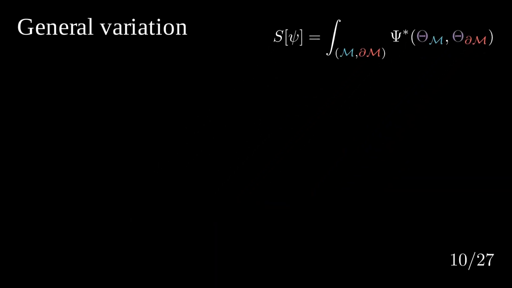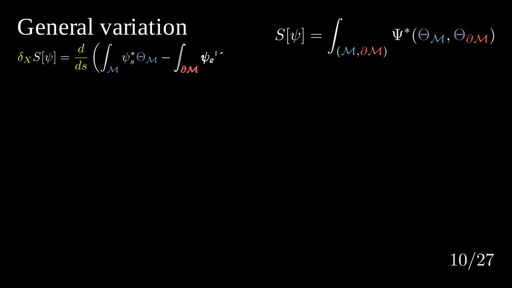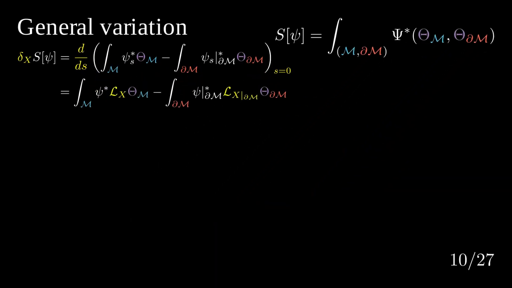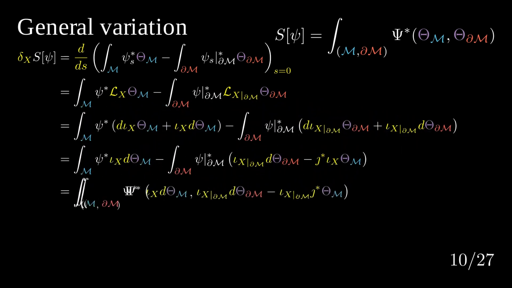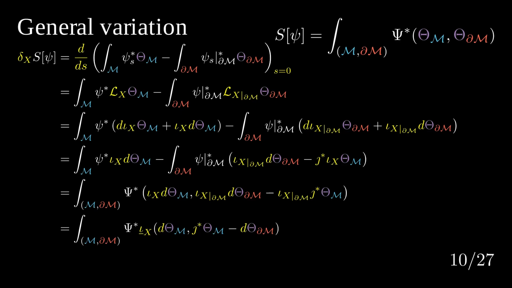In order to do this, what we are going to do is compute the variation of the action, after a bit of computation that I don't want you to go through. Using the definitions that we just introduced, we see that the variation of the action is just given by this formula.